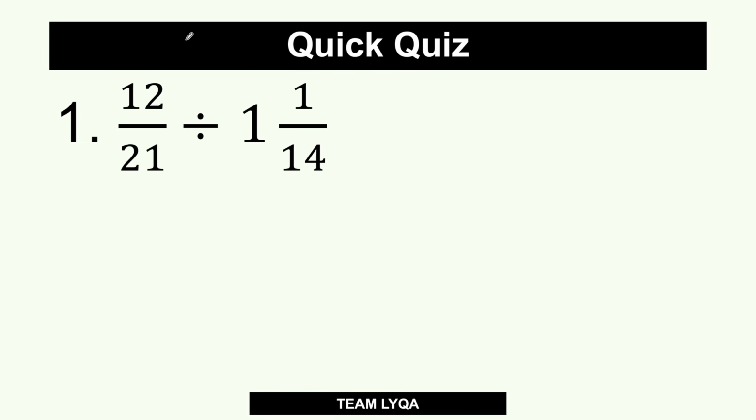Sabi natin, mauuna muna, if you're dividing the number, make sure na yung mixed number like this, i-convert mo muna siya into an improper fraction. And we do it by multiplying this whole number by the denominator. So, 1 times 14 is 14 plus 1, that is 15 over 14. Ito yan.